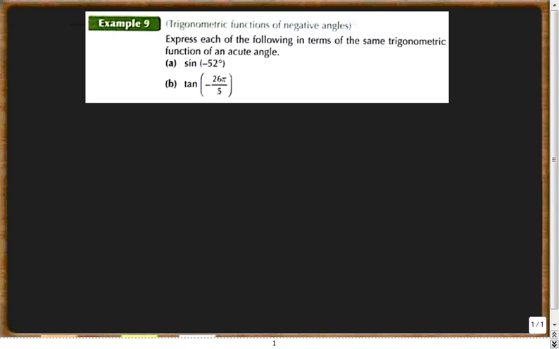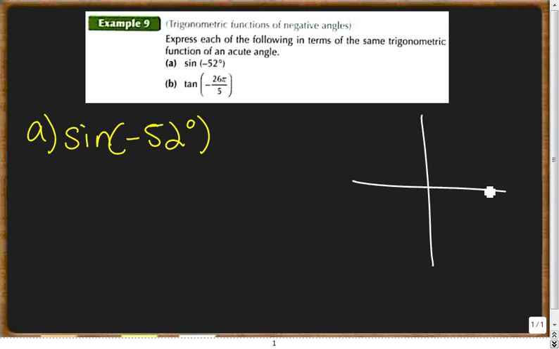Example 9 says, express each of the following in terms of the same trigonometric function of an acute angle. Okay, so if we know the sine of negative 52 degrees, well, what is that? Think about your position here.